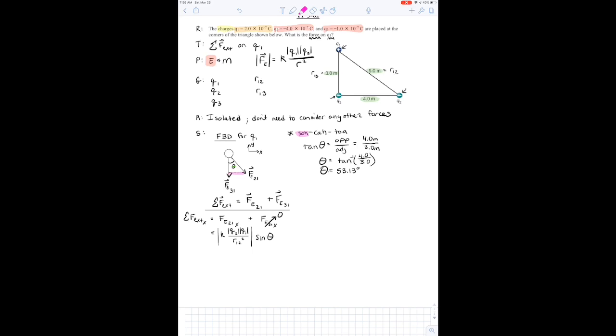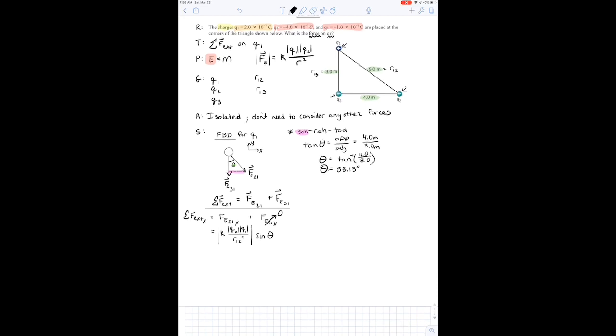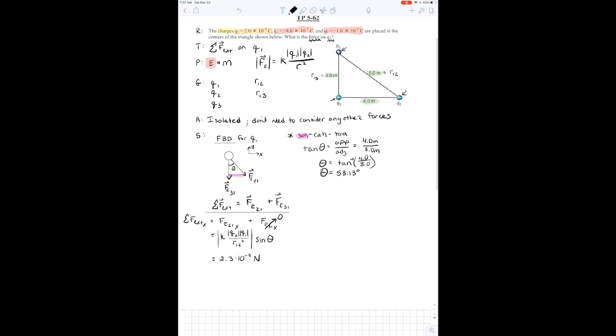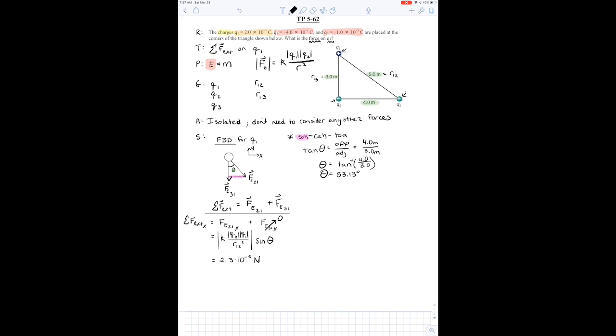The sine is the opposite over hypotenuse. So it's the magnitude of the entire electrostatic force coming from charge 2 acting on charge 1 multiplied by sine of that angle between them. So I substitute everything in, and that gives me a value of 2.3 times 10 to the negative 5th newtons. And that is the x component of my electrostatic force, the sum of my forces in the x direction acting on charge 1.